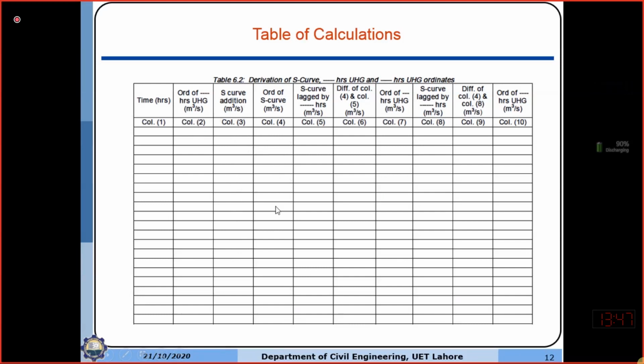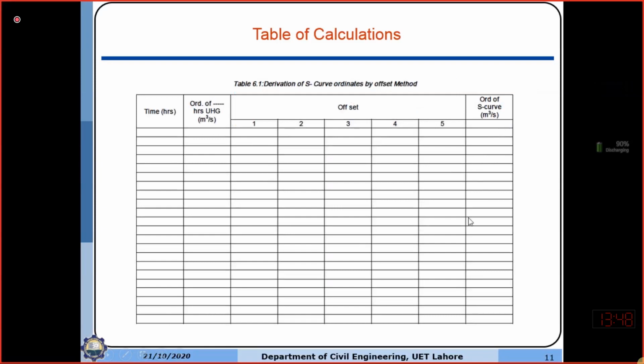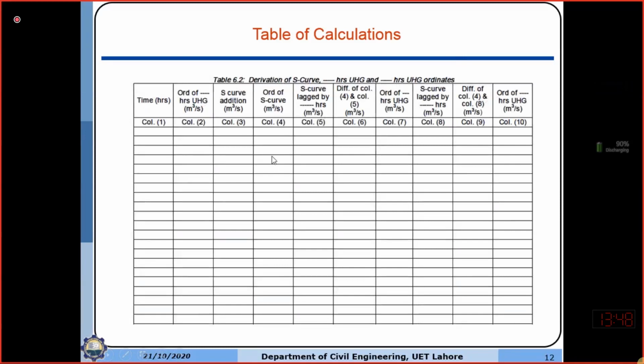So you will get the S curve ordinate, and the S curve ordinate obtained by offset method will be the same. Remember this, ordinate of S curve by offset method and by S curve addition method will be the same.